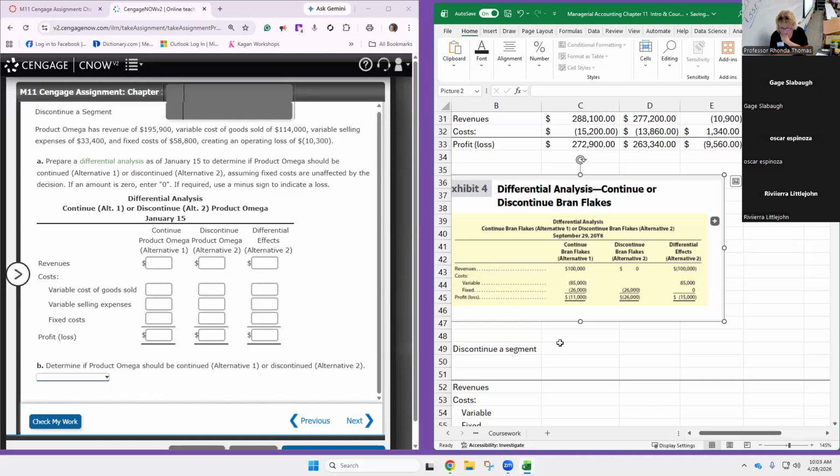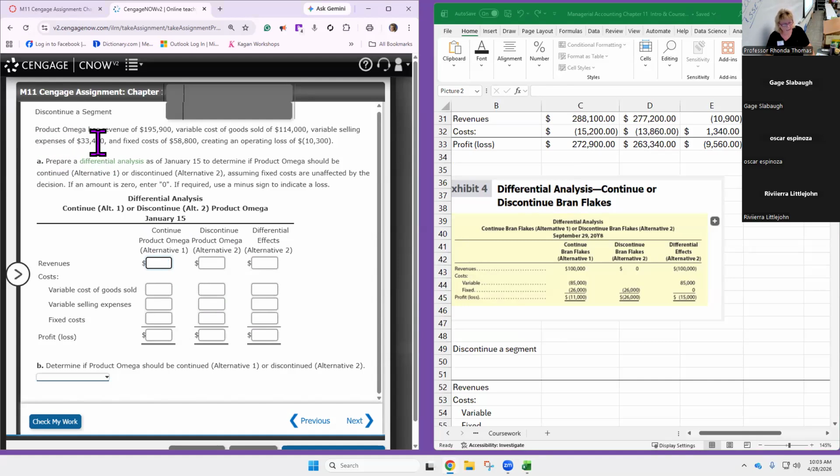The decision is to continue the bran flakes or discontinue the bran flakes. So we've got to put information in. I assume they're making bran flakes right now. We're going to put in the information about continuing on, and then we'll put in anything that gets eliminated because of discontinuing the bran flakes.